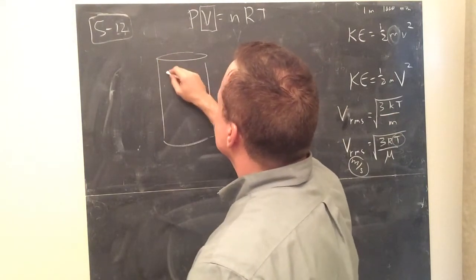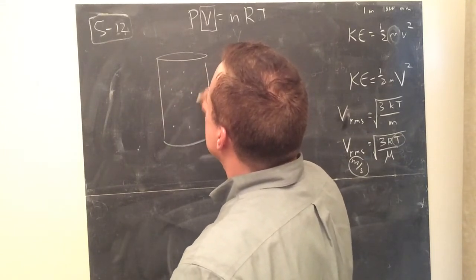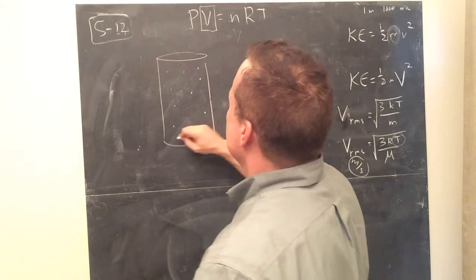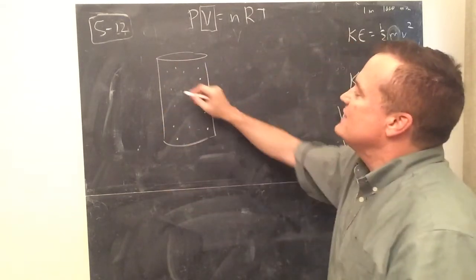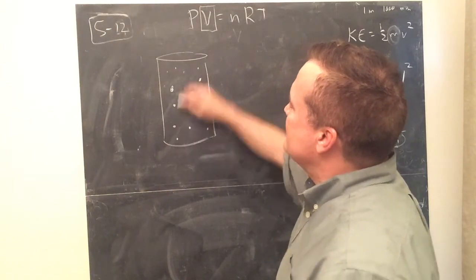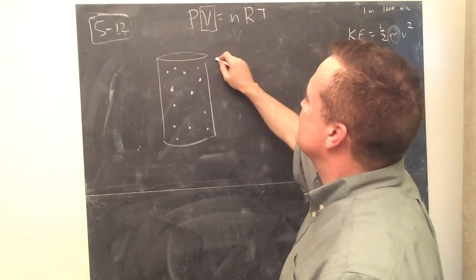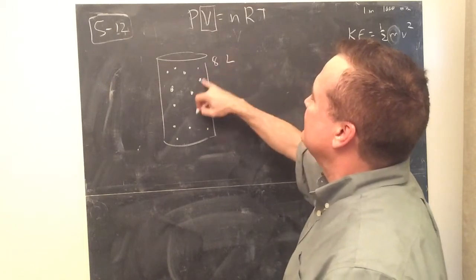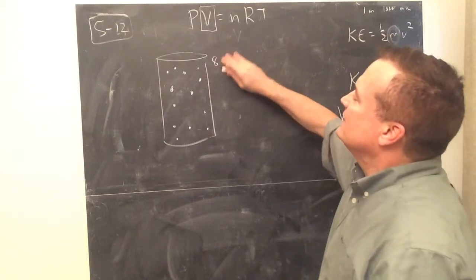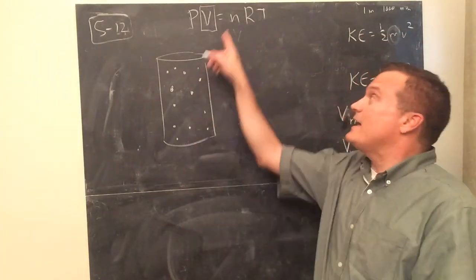We assume that all the molecules are like dimensionless points. If this is a big tank, like a helium gas tank, say an 8-liter tank, we would be saying the gas molecules have 8 liters to move around in.